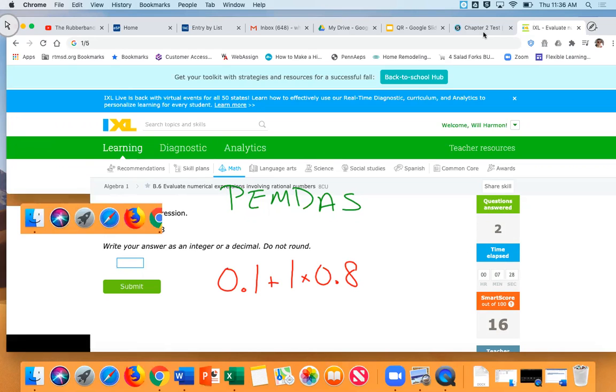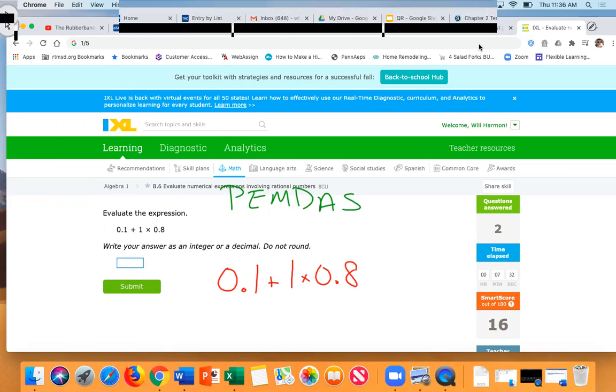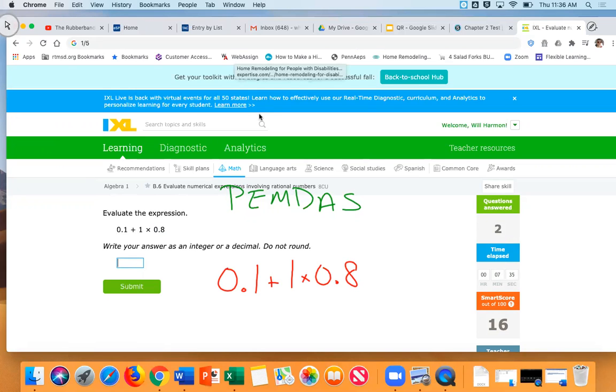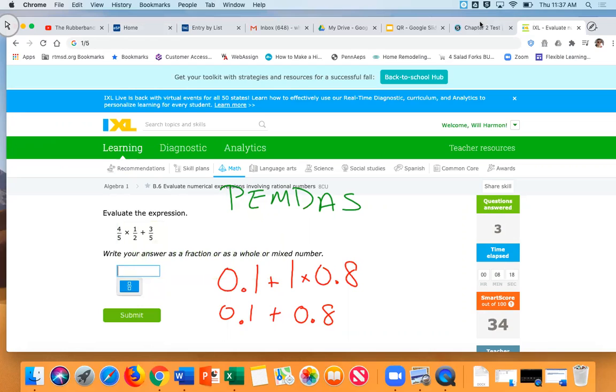So what is 1 times 0.8? 0.8. And what's 0.8 plus 0.1? 0.9. Awesome.